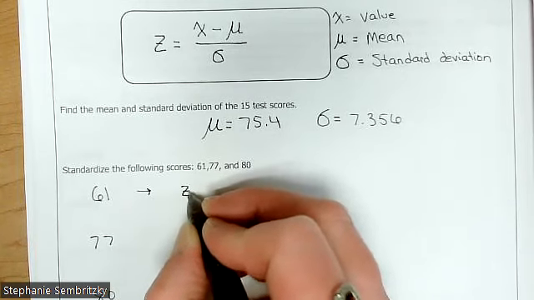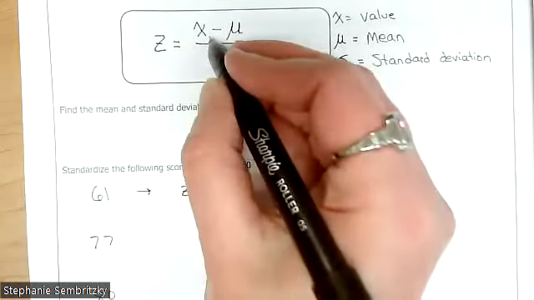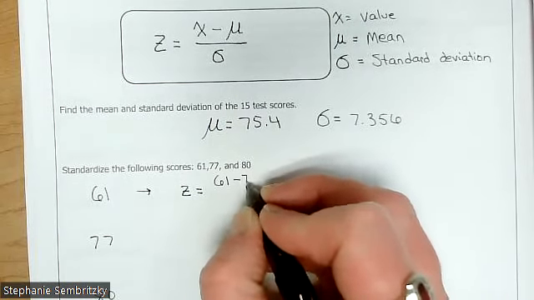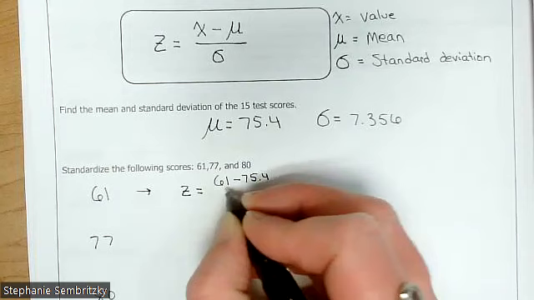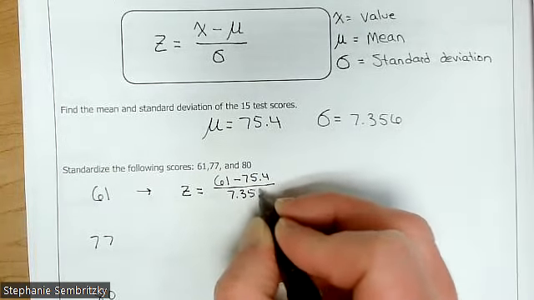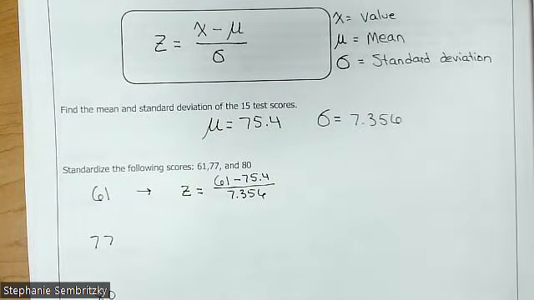So for 61, to find the z-score, we're going to take the value minus the mean. So 61 minus 75.4, then divide that by the standard deviation.